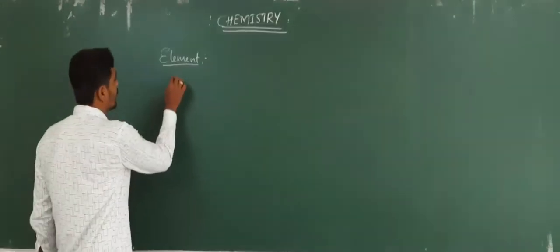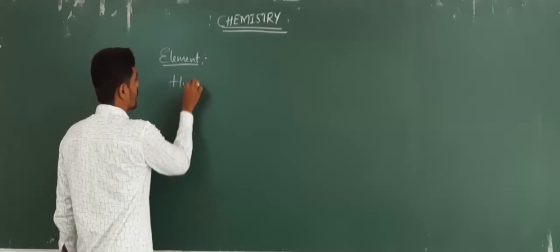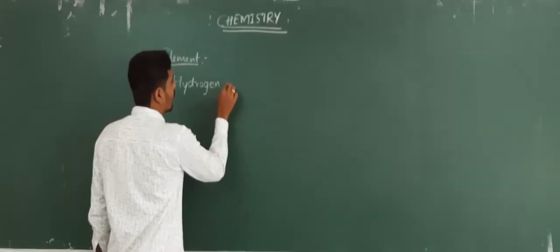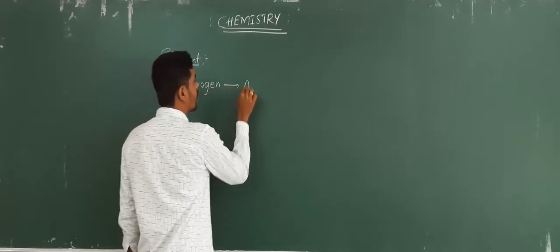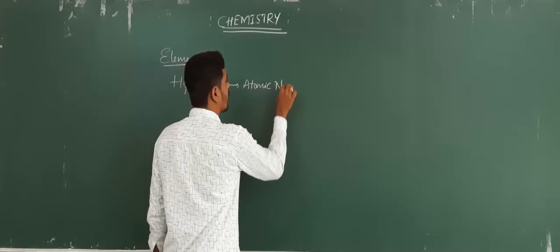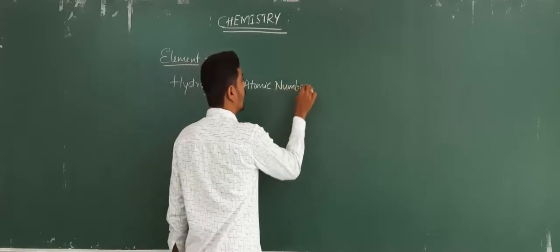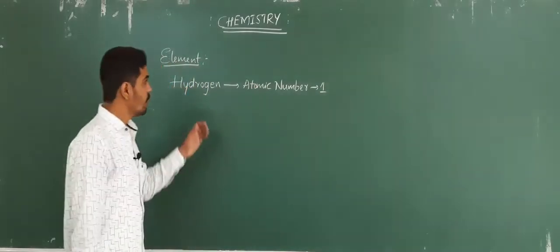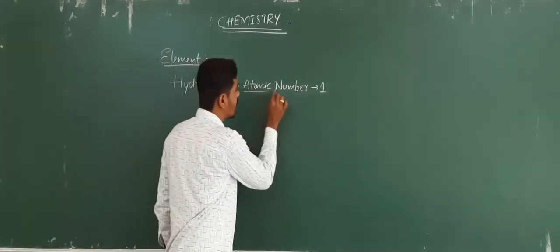So first we will take hydrogen. What is the atomic number of hydrogen? The atomic number of hydrogen is 1. Now what does this atomic number mean?